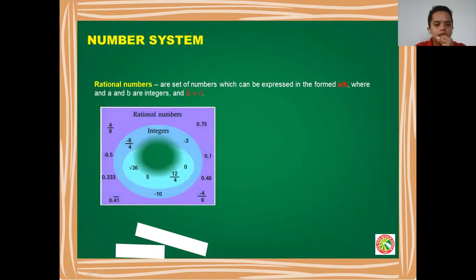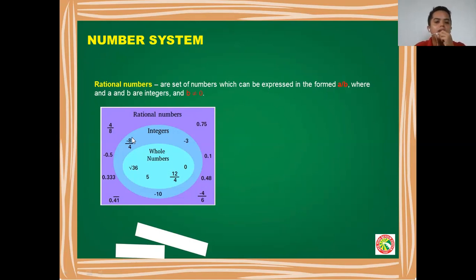So these are the list of rational numbers. So 0, it is also a natural number. Then whole numbers, integers, and fractions.